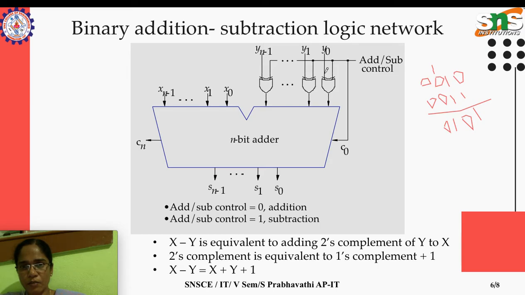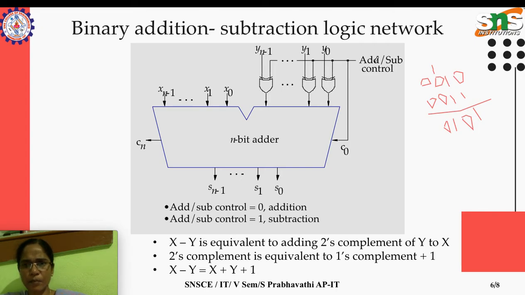So 0 and 1 passing through XOR means its output is as it is, 1. Here 0 and 0 given to XOR means its output is also 0. So the same value 0 0 1 1 will be passed, and in x value 0 0 1 0 will be passed, and it performs the addition. Of course the carry C naught is also 0 when we perform addition.